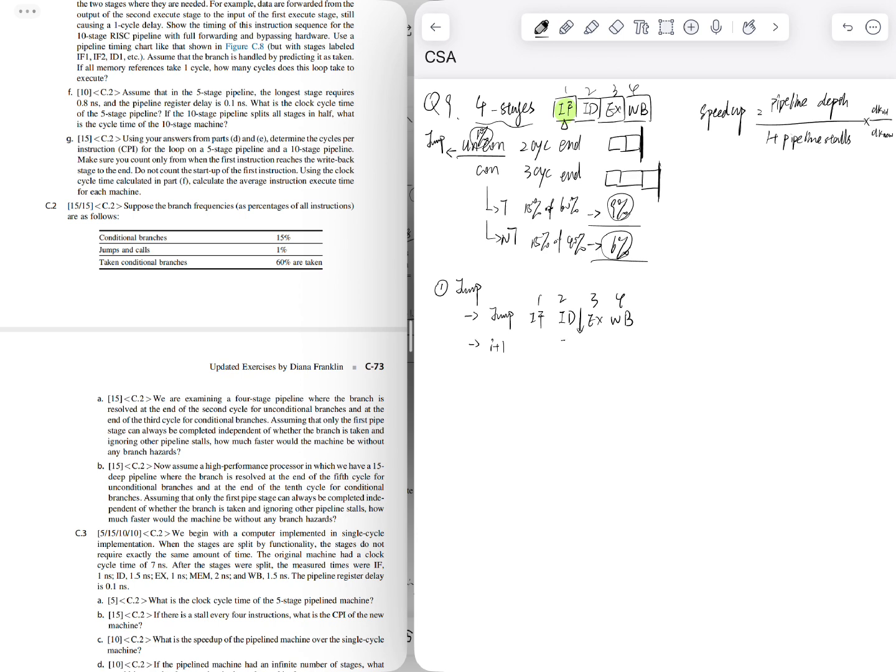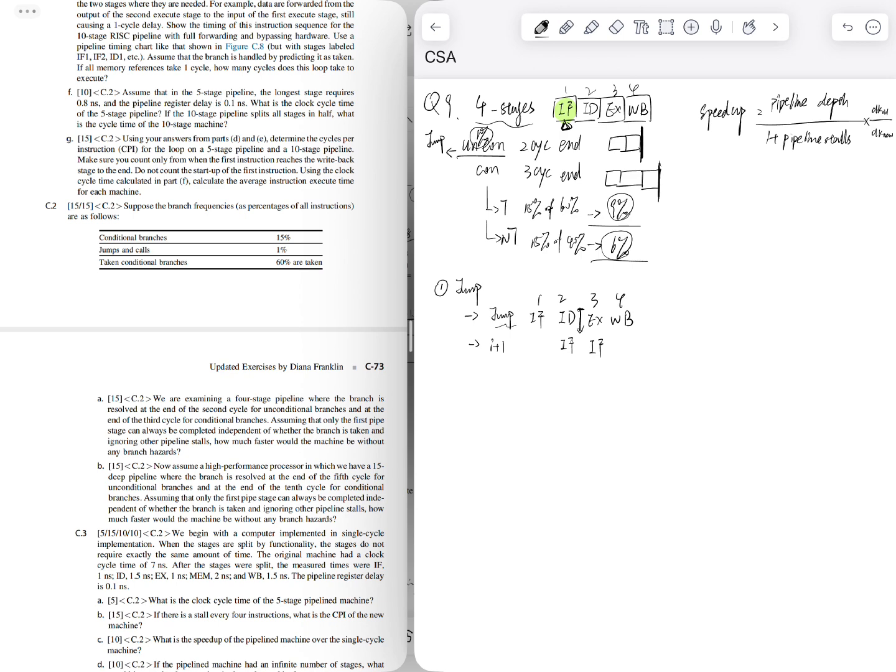The instruction fetch can always be done, no matter whether you need to wait or not. But only after you get a result from the jump instruction, you can know whether you are correct or not. Only at this time you need to do the instruction fetch again, because we need to jump somewhere.